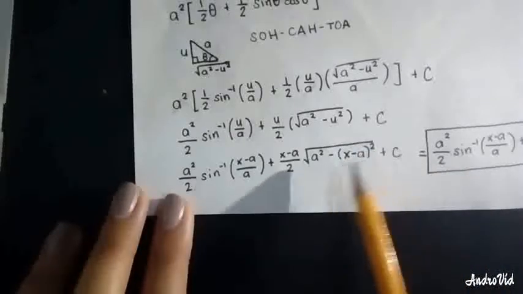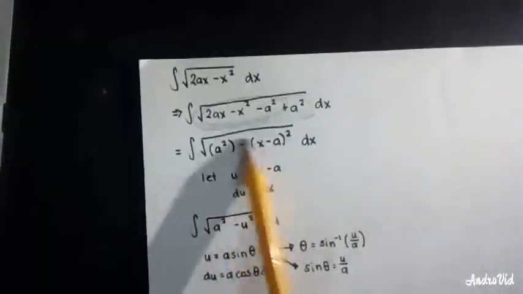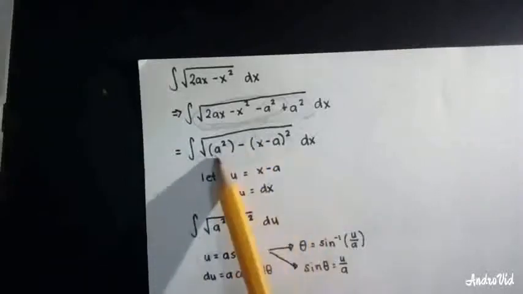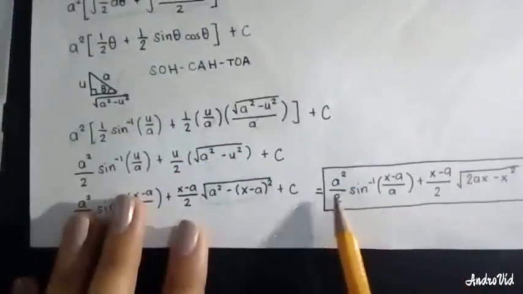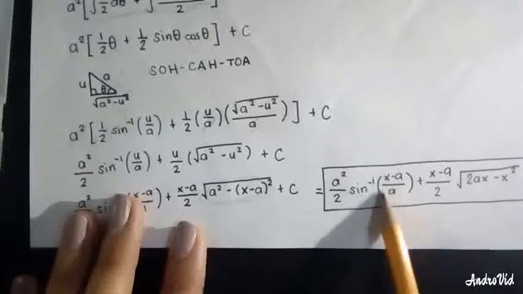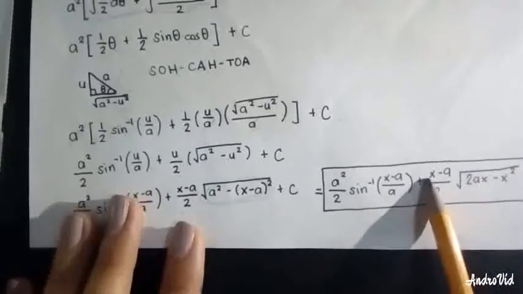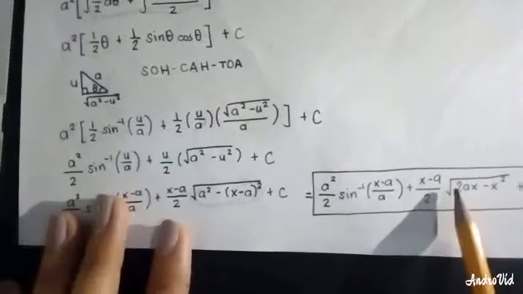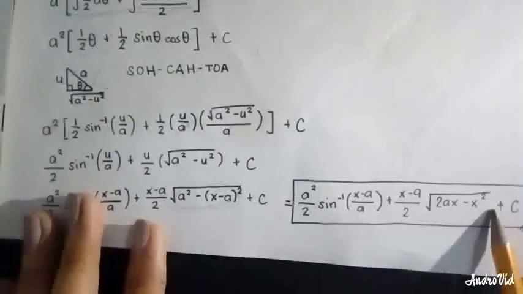In here, this is similar to this, so we know that this is just equal to that, so we're gonna simplify by rewriting. That would be equal to a squared over 2 sine inverse of (x minus a) over a, plus (x minus a) over 2 times the square root of 2ax minus x squared, plus c.